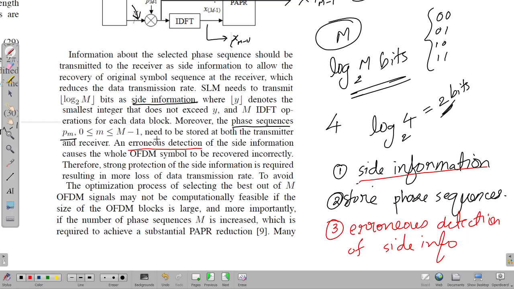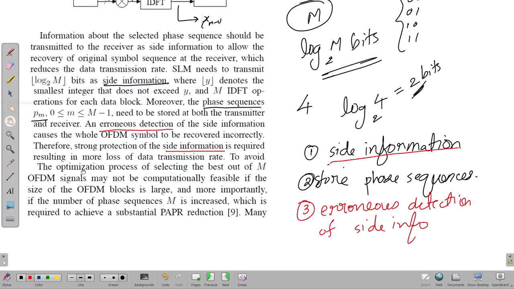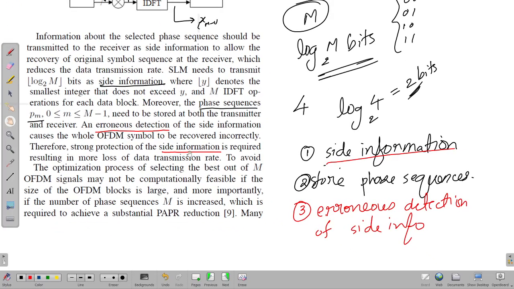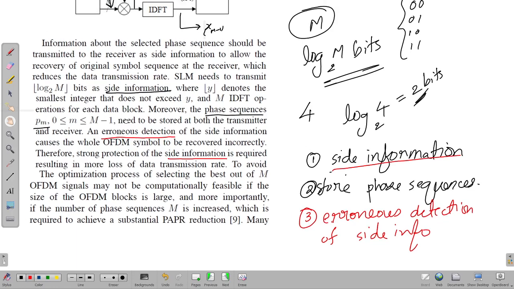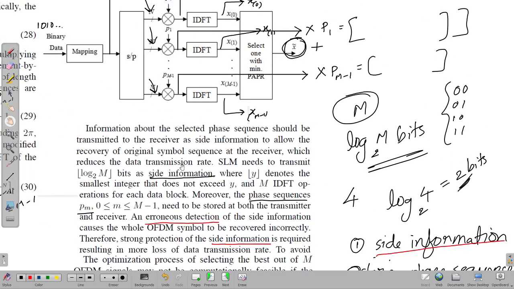So you need to have this side information transmitted with maximum signal to noise ratio. What we usually do is transmit side information with more power, because if the side information gets wrong, then the phase sequence gets wrong.